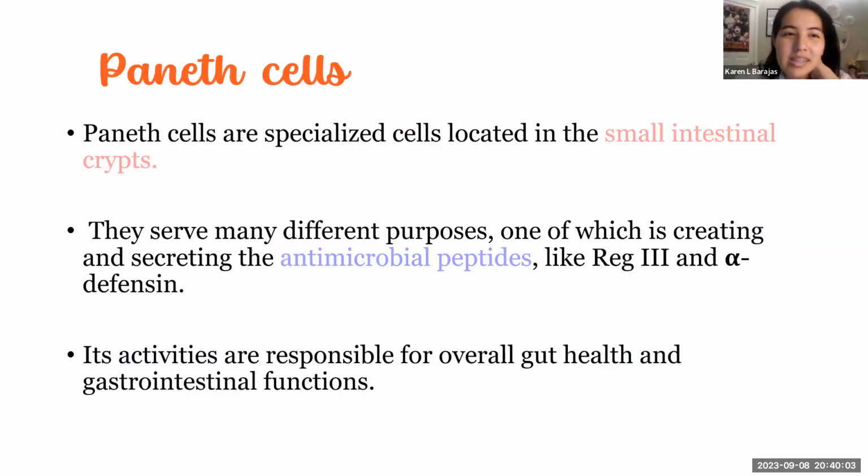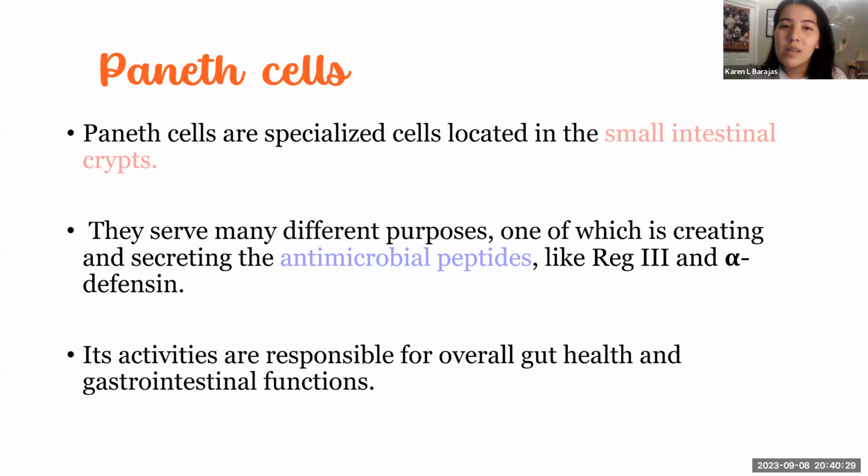So beginning with Paneth cells, they are basically the cells that secrete the antimicrobial peptides that we're going to talk about in our presentation. And they're mainly located in the small intestinal crypts, which, as Tuva mentioned, are the little dips in our small intestine. And for the most part, they secrete two antimicrobial peptides, which are REG3 alpha and the alpha and beta 1 defensins.